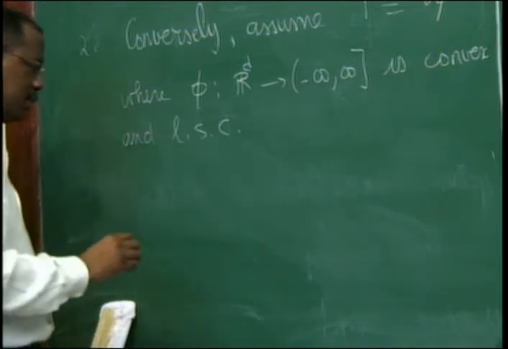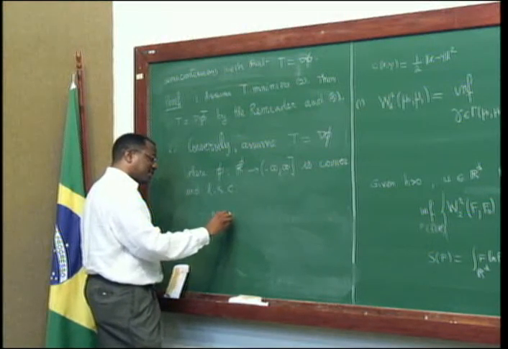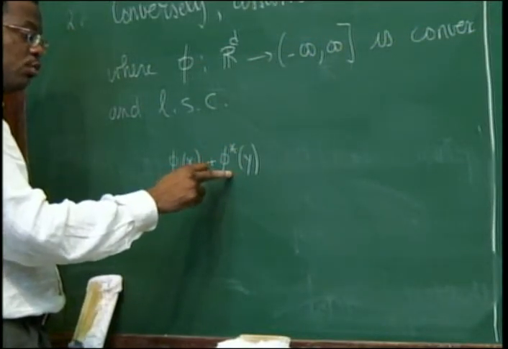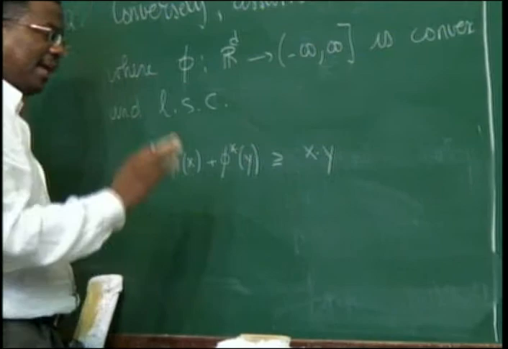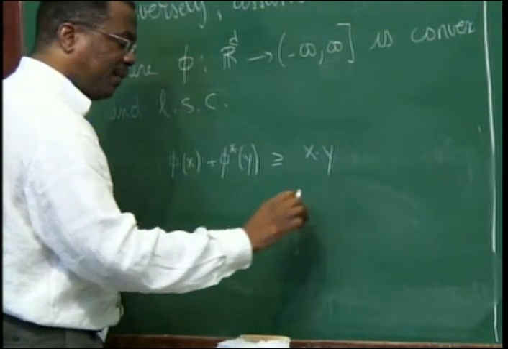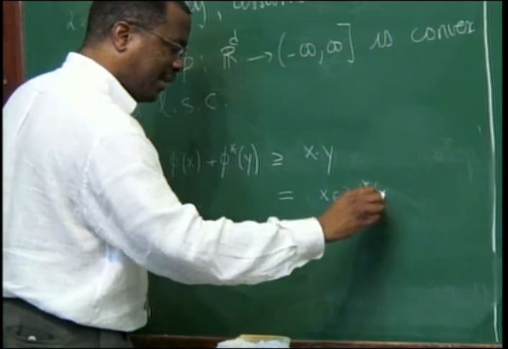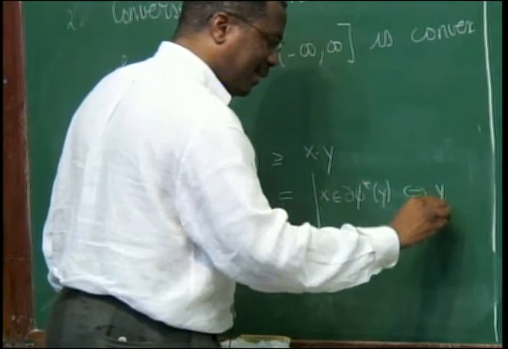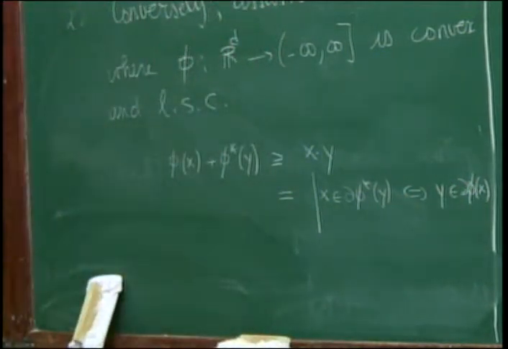We have the following property. If you write phi of x plus phi star of y, where phi star is the Legendre transform, this is always greater than or equal to x times y. Equality holds if and only if x is in the subdifferential of phi star at y, which is also equivalent to y being in the subdifferential of phi at x. Okay, so these two properties are equivalent.